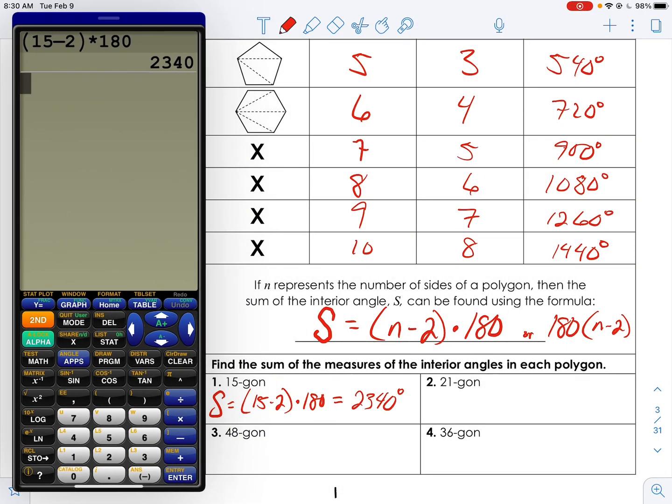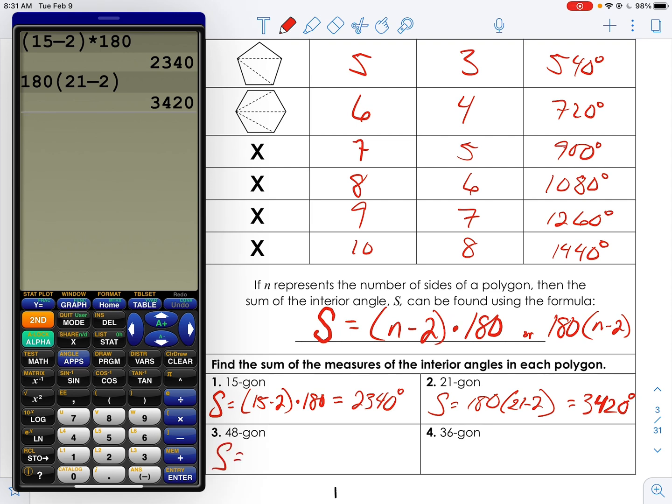Let's look at number 2. It's a 21-gon, so the sum total on the inside is 180 times 21 minus 2. I'm using the secondary formula there, so this time if we do 180 times 21 minus 2, we get 3420 degrees. It's always degrees on the inside.